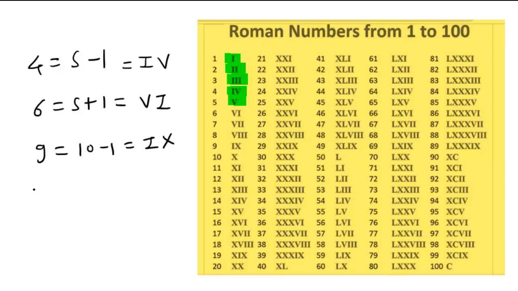Let us consider the number 14. How is 14 written? Now we have the combination I, X, V. Now it can be represented as 14. 14 can be represented as 10 plus 4.